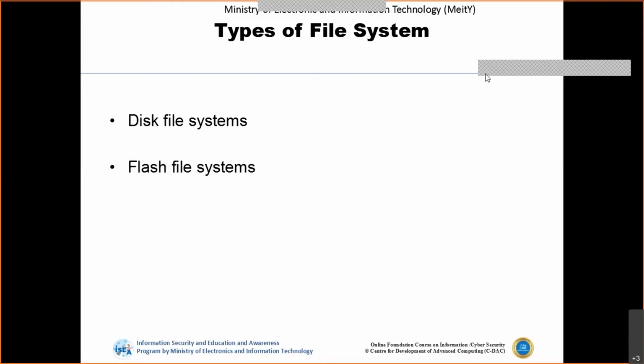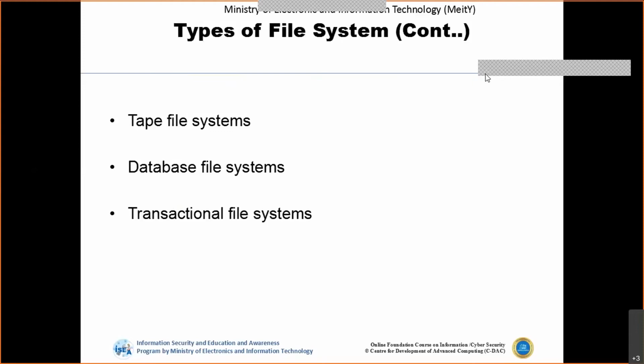While a disk file system can be used on a flash device, the same file systems can also be used on the flash device, but we have speedier storage and retrieval with flash file systems.